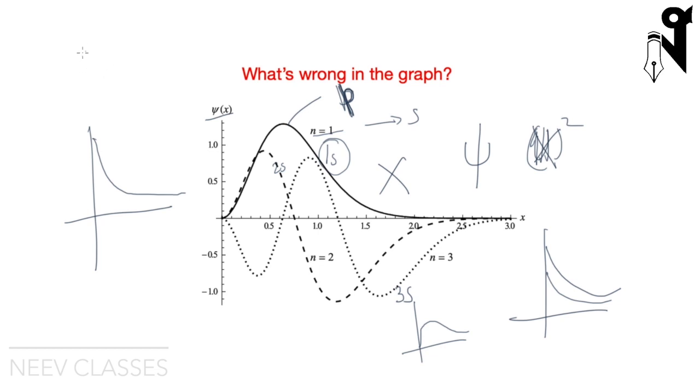Mind you, I'll give you another reason why it doesn't reside at the nucleus. There are several reasons. In terms of energy it will sound more authentic, but in velocity it will sound simpler to understand. Your Heisenberg principle, delta x into delta p, has to be greater than or equal to h by 4 pi.